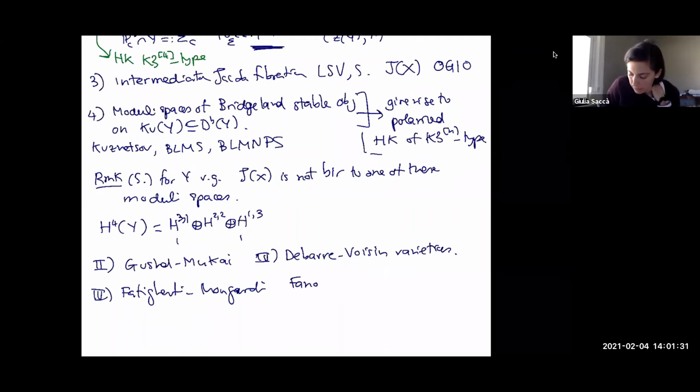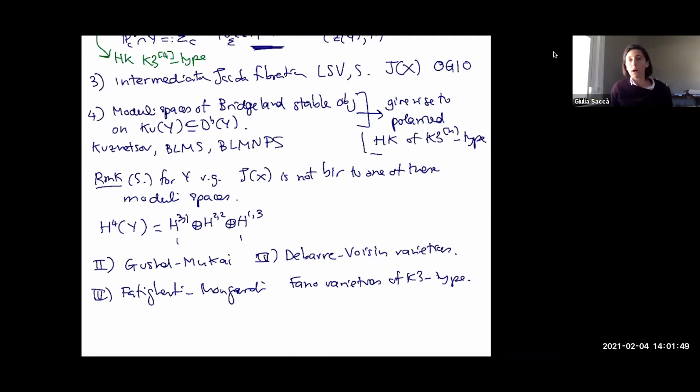So Fano varieties of K3 type, by which I mean that there's some cohomology group that is like this weight 2 Hodge structure with h^{2,0} equal to 1.